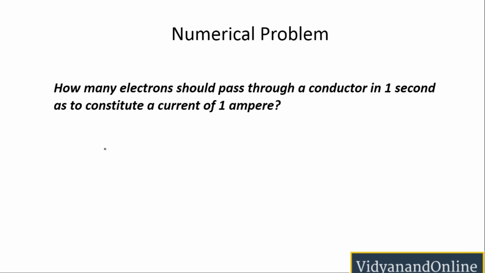So since we have understood the important formula of electric current, let us try to solve this question. The question is, how many electrons, so the number of electrons is the question mark, should pass through a conductor in 1 second, so time is 1 second, so as to constitute a current of 1 ampere. So I is equal to 1 ampere. We have understood that the formula of current is the total amount of charge flowing through the conductor per unit time.